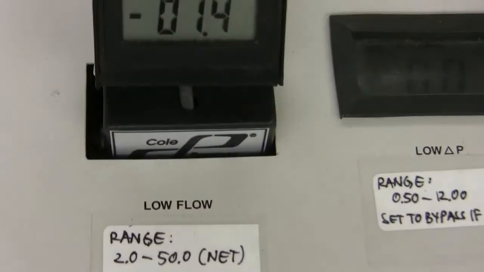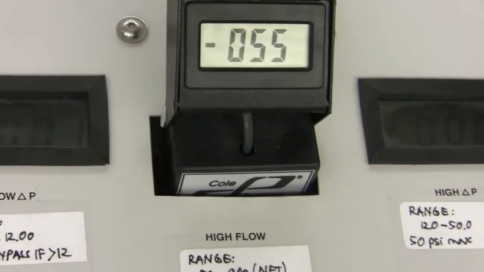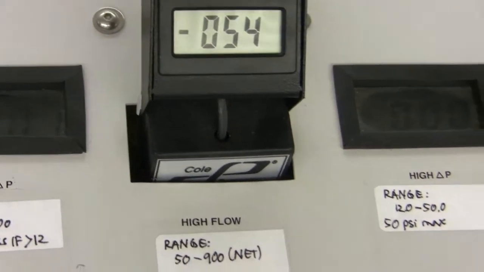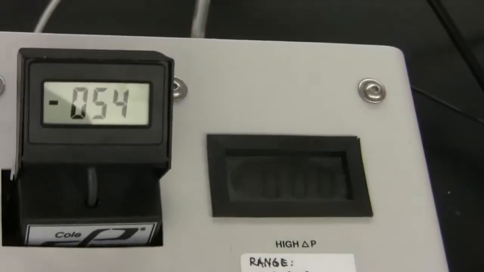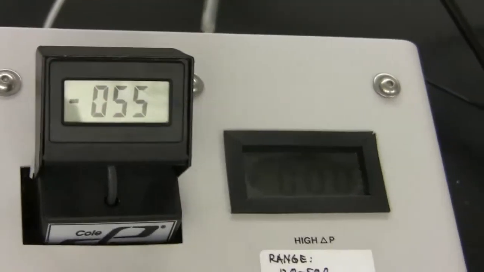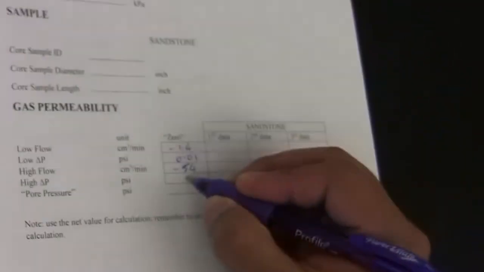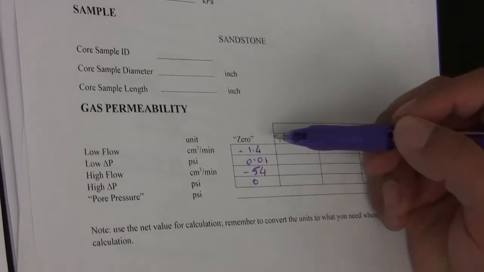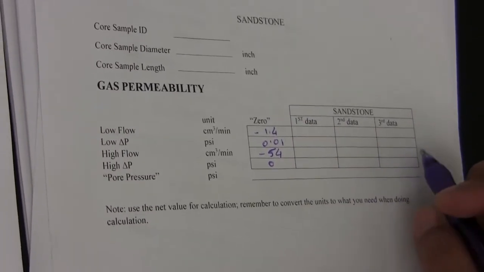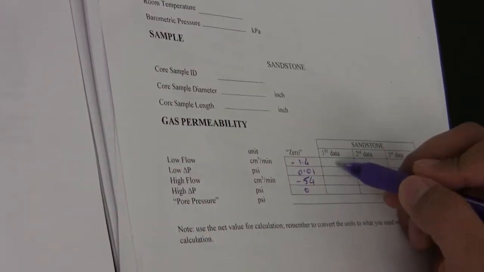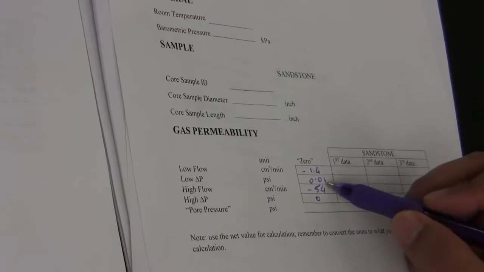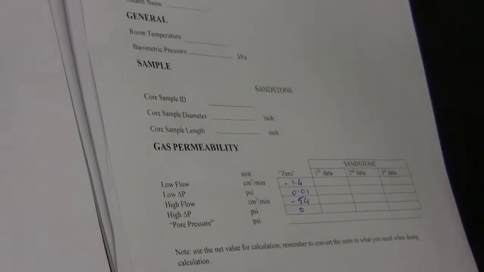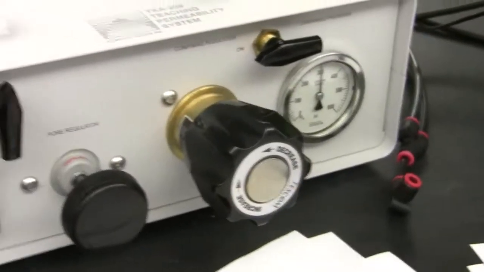The high flow value in the third column is minus 54, and the delta P high value is 0. Okay, so this is the zero reading in our data sheet, which is basically the error in the instrument. So we have to account for this error when we measure the data. If the error is negative, we need to add that to the data. If the error is positive, we need to subtract that from the data. That's basically what this is for.